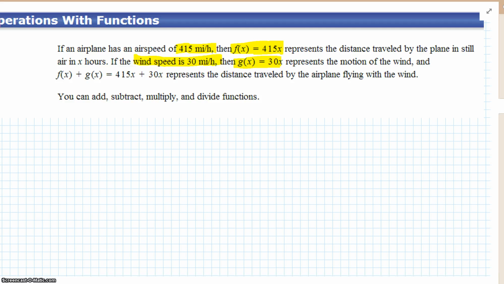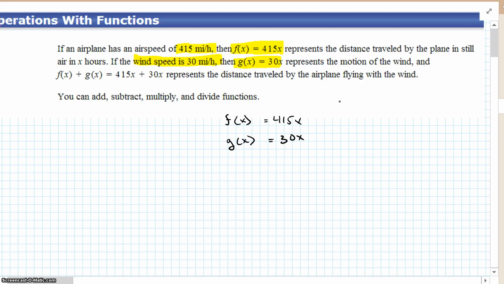The f and the g are just arbitrary names, and you can have 1,000 functions if you wanted to. Okay, that's the wind speed and the airspeed of the plane.